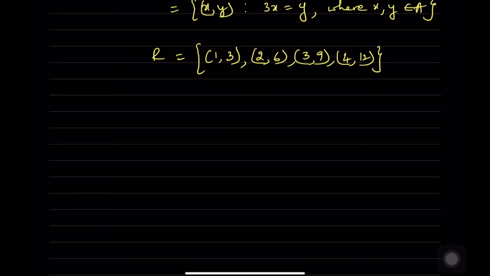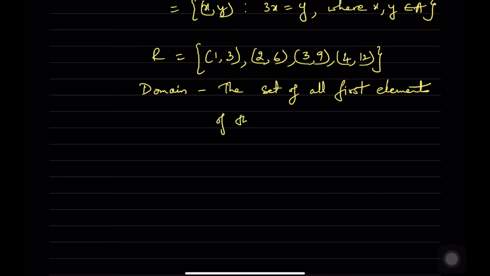Now what is the domain of R? It is the set of all first elements of the ordered pairs in the relation.